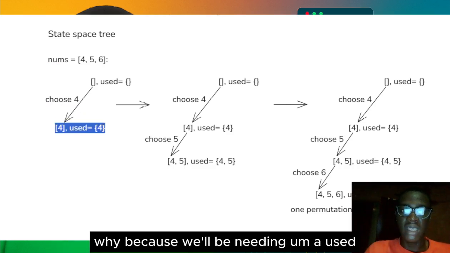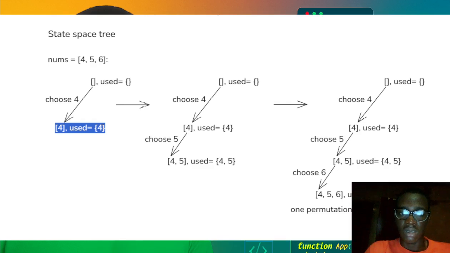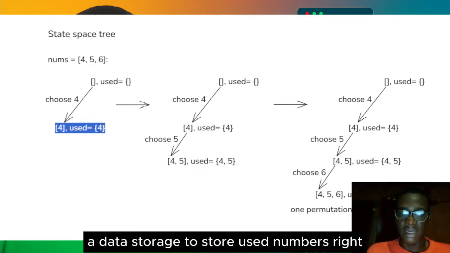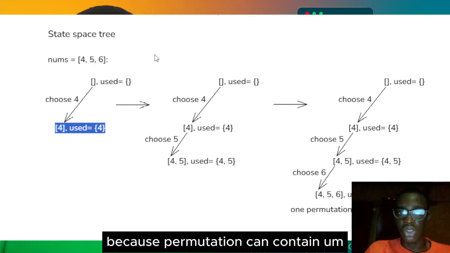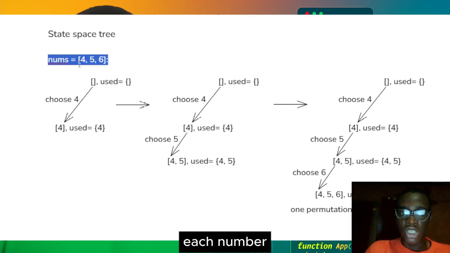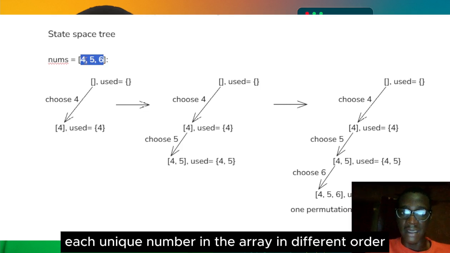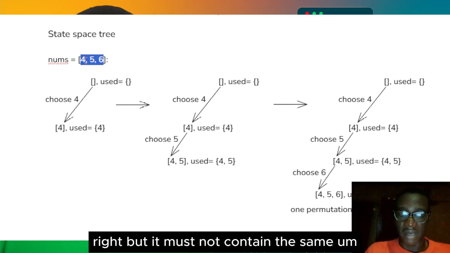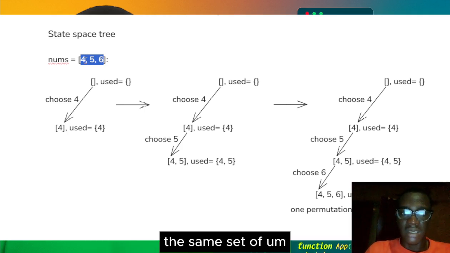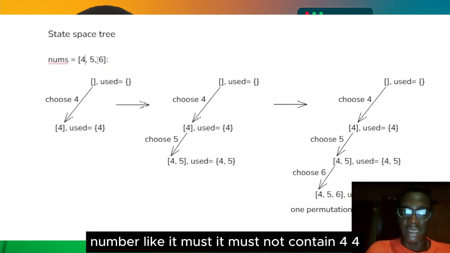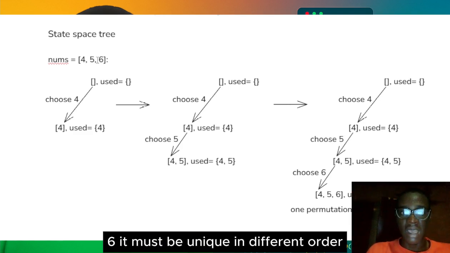Because we'll need a data storage to store used numbers. A permutation contains each unique number in the array in a different order, but it must not contain the same number twice, like 4, 4, 5, 5, or 6, 6. It must be unique in different order.